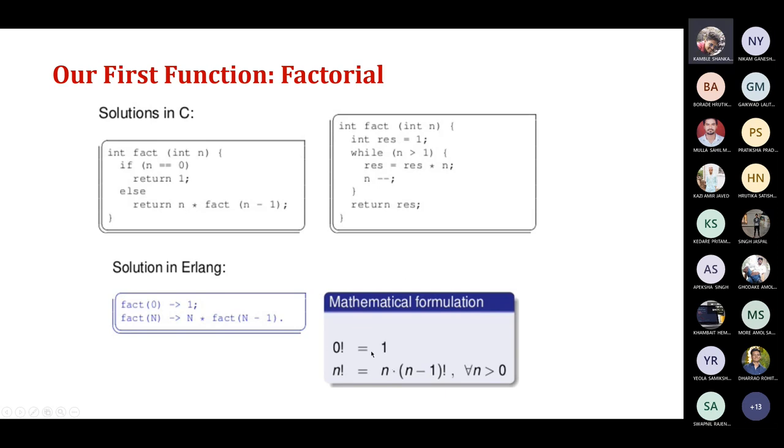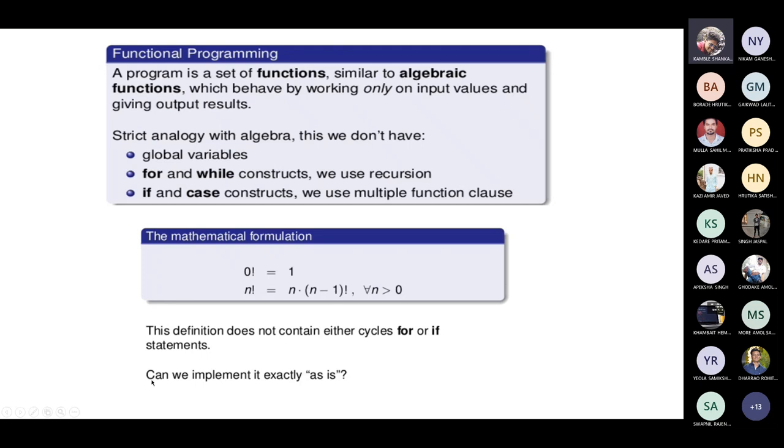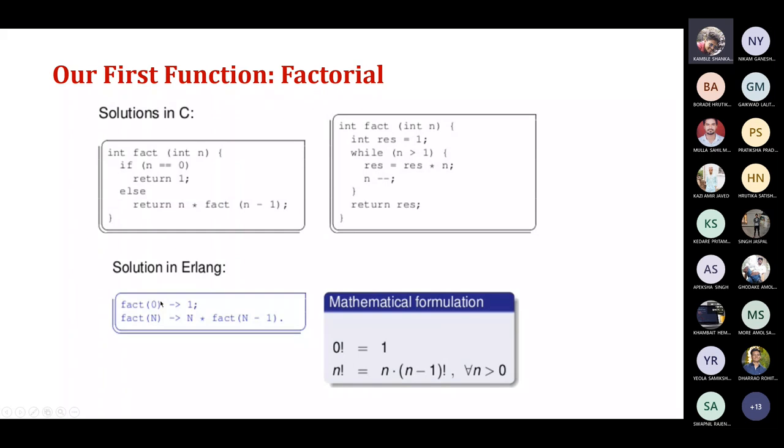Can we implement it exactly as what is written in the mathematical formulation? So these are the two statements that we write in Erlang, just as we have two statements in the mathematical formulation. Else if you see the C code, you have to write multiple statements for that. But in Erlang, you can write a very compact and efficient program.